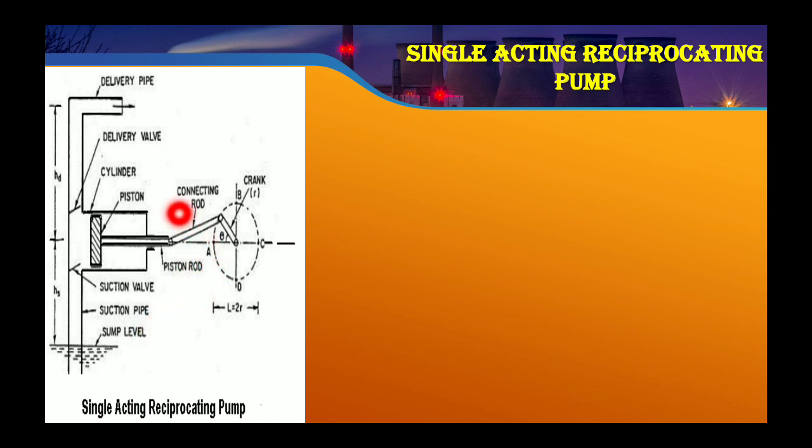These are the various parts: the delivery pipe, the delivery valve, the cylinder, the piston, the connecting rod, the crankshaft, the piston rod, the suction valve, the suction pipe, and the sump level. So that is the constructional view.